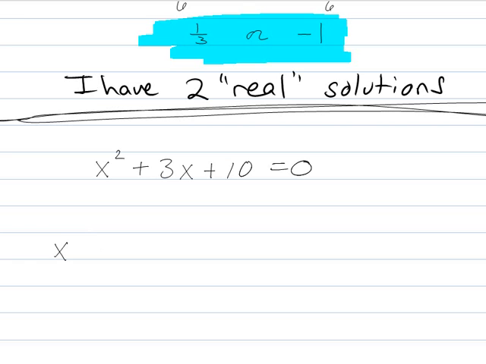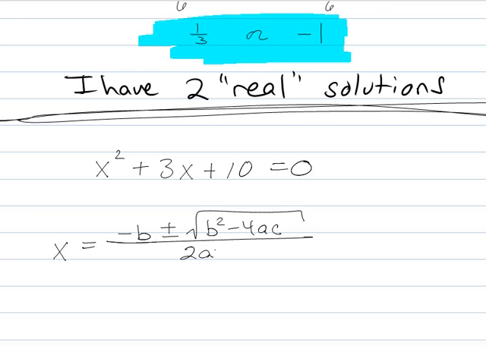Alright, now again, plus or minus the square root of b squared minus 4ac all over 2a. So remember I have a, b, and c. b is 3, c is 10. What do you suppose a is? A is 1, right? Because there's a secret coefficient of 1 out front.